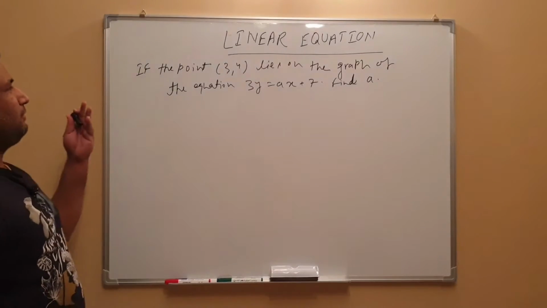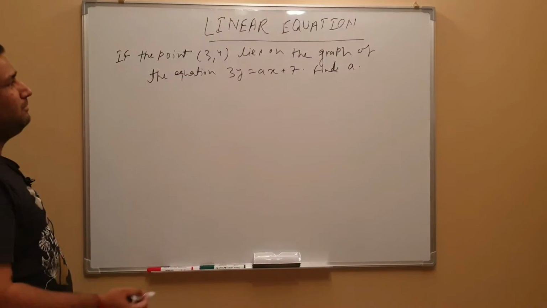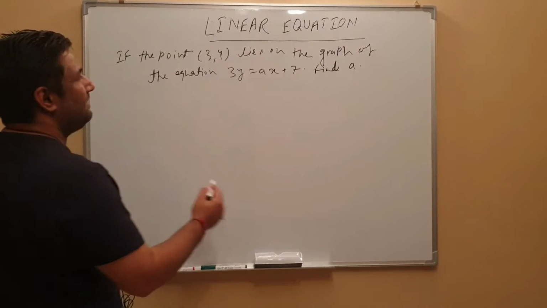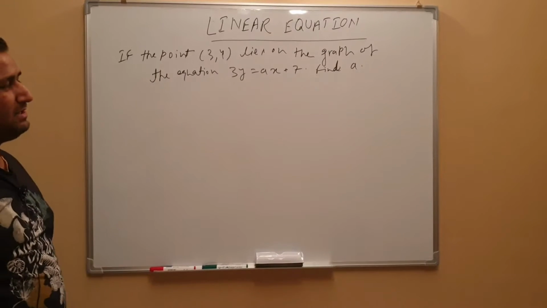Okay, so this is the question we have: if the point (3, 4) lies on the graph of the equation 3y = ax + 7, find the value of a.